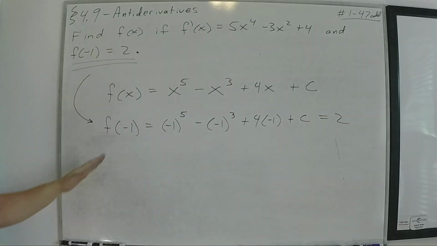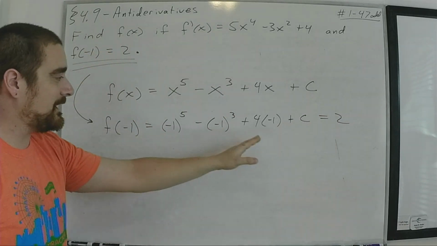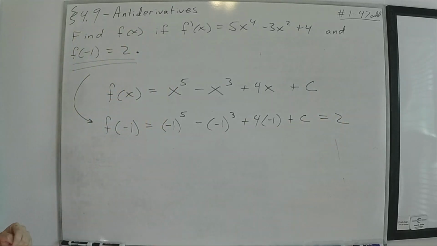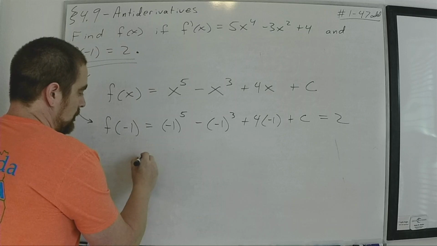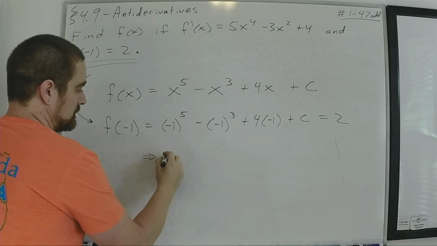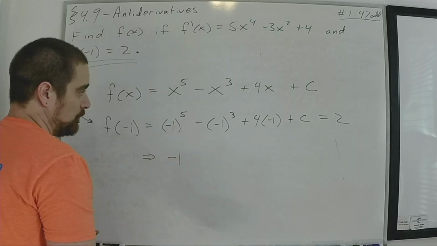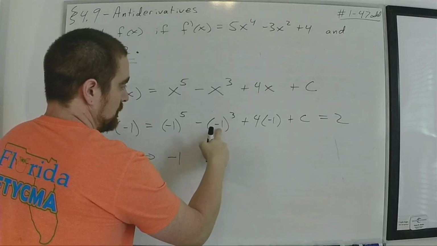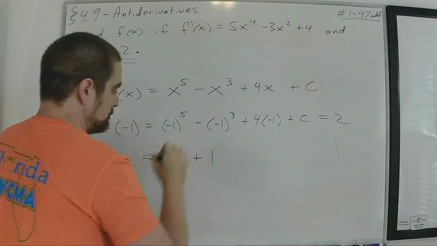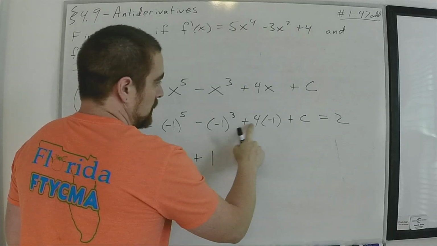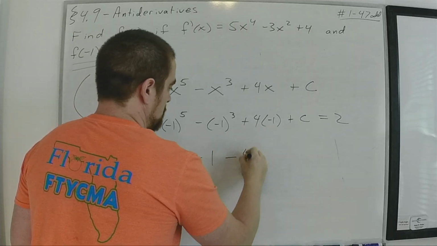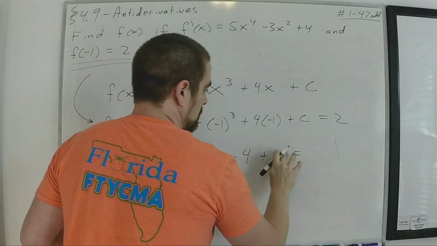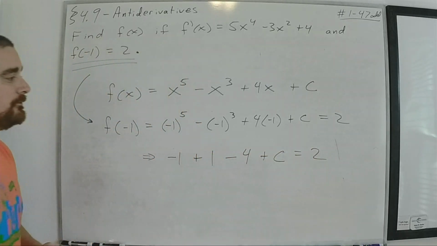So what it does is it allows me to plug in a value for x and set that function equal to whatever that output is. So I know that negative 1 raised to the fifth power, which is negative 1, minus negative 1 cubed, which is minus negative 1, which is plus 1, plus 4 times negative 1, that's minus 4, plus some constant should all equal 2.